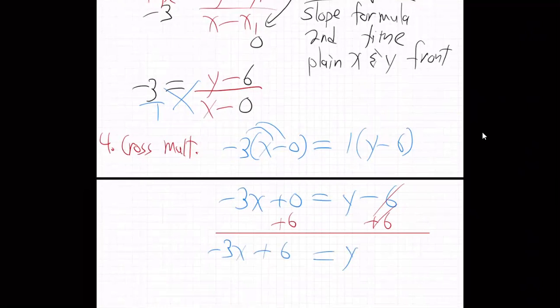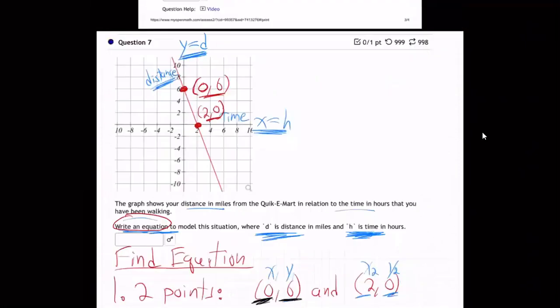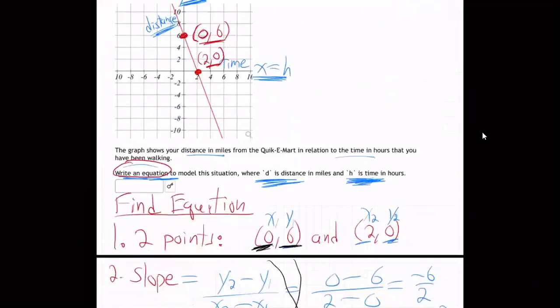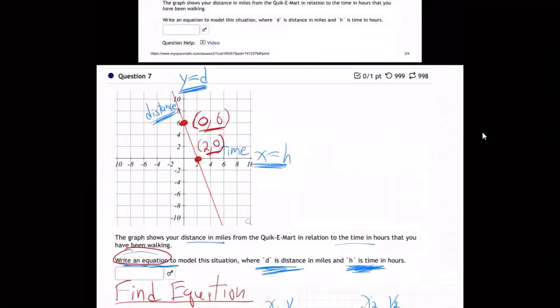All right. So we got our equation, but now we have to go back to their original letters. X is H, y is D. Right? Because D is distance, and distance is the y-axis. And H is hours.